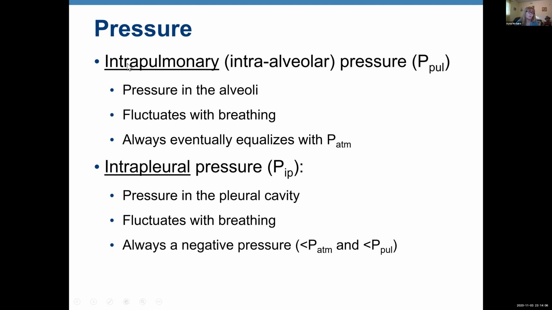We need to remember this intrapulmonary pressure, the pressure in the alveoli. The abbreviation is PPUL, P pulmonary, and sometimes they even call it pulmonary pressure instead of intrapulmonary. So pulmonary pressure is inside the alveoli, it fluctuates with breathing, and it always eventually equalizes with atmospheric pressure.